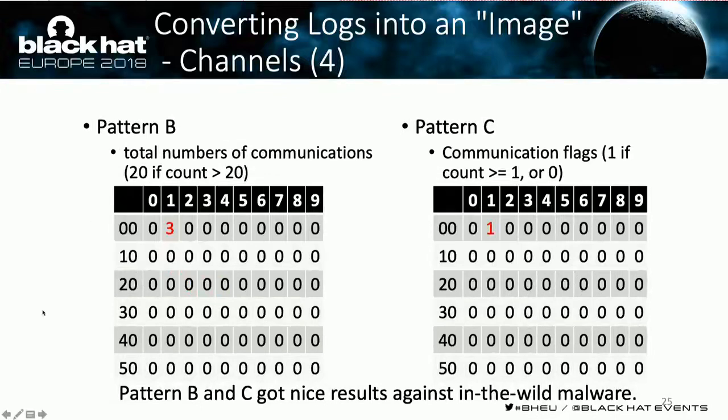The second pattern on the left figure has a channel which expresses total numbers of communications during the time interval. And the third pattern on the right figure also has a channel, but it means communication flags instead of total numbers. And these two patterns got nice results against in-the-wild malware. So we used these patterns to create our models.